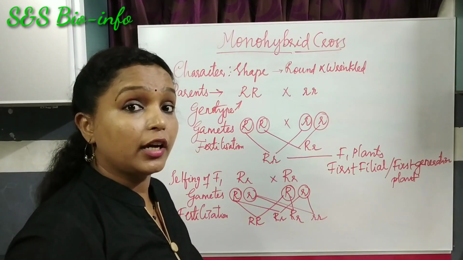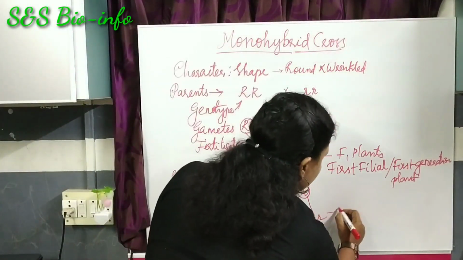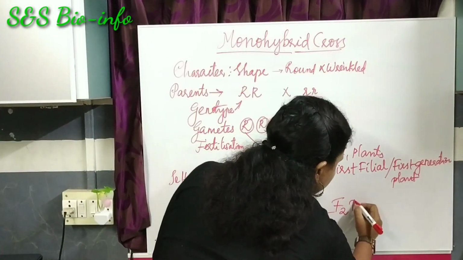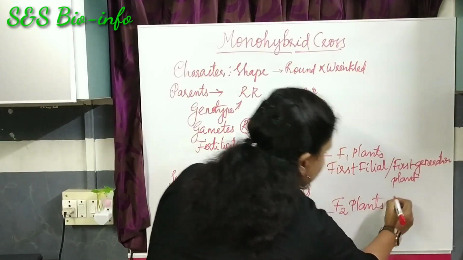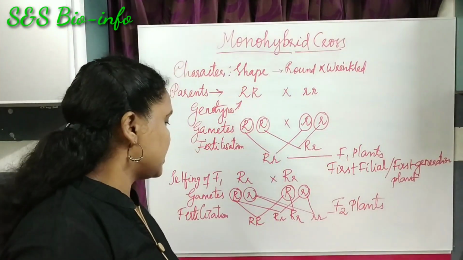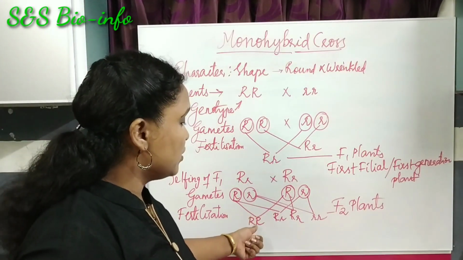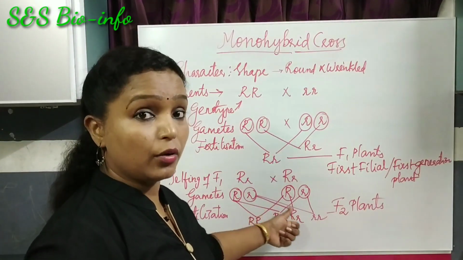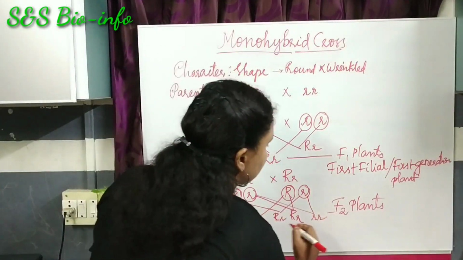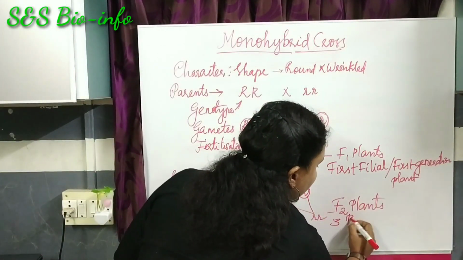These are known as F2 plants or second generation plants. Here, the phenotype of the plants is 3 round and 1 wrinkled.